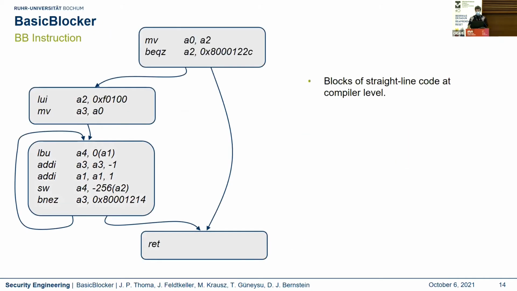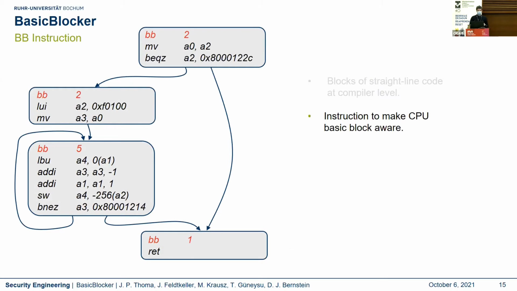But if we look at the compiler level, then we have a much more holistic picture of the code structure, because we have there the control flow graph, which consists of basic blocks, which are really blocks of straight line code where we are guaranteed to have no control flow changes within them. So what BasicBlocker does, simply, is make the CPU aware of those basic blocks by introducing a new instruction that has as a parameter the size of the upcoming basic block.